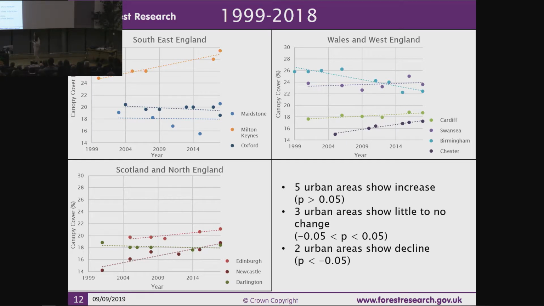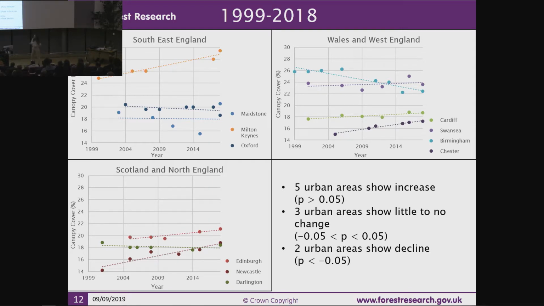We don't have quite as many urban areas showing increase, no urban areas showing significant increase. We have 3 showing little to no change, and 2 urban areas showing decline, which you can see up here: Birmingham declining fairly strongly, and where's the other one? Well, Darlington's sort of on the way down.